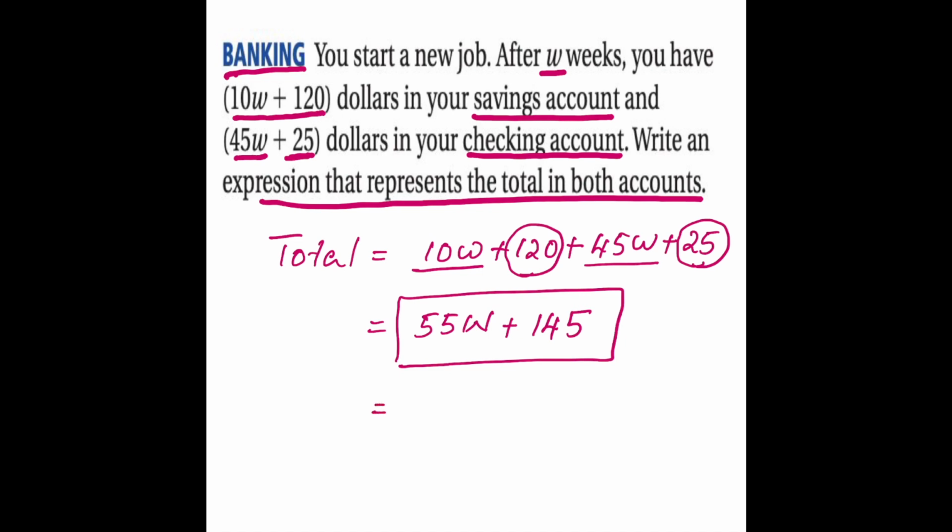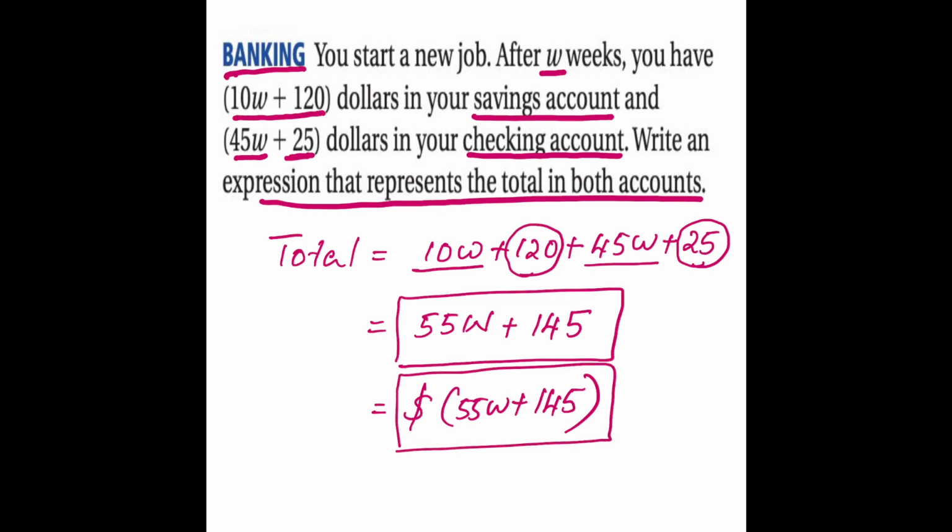So that will be the answer for the problem, and it's in dollars: 55w plus $145. If you substitute the number of weeks here, you will be able to calculate the total amount in both accounts.